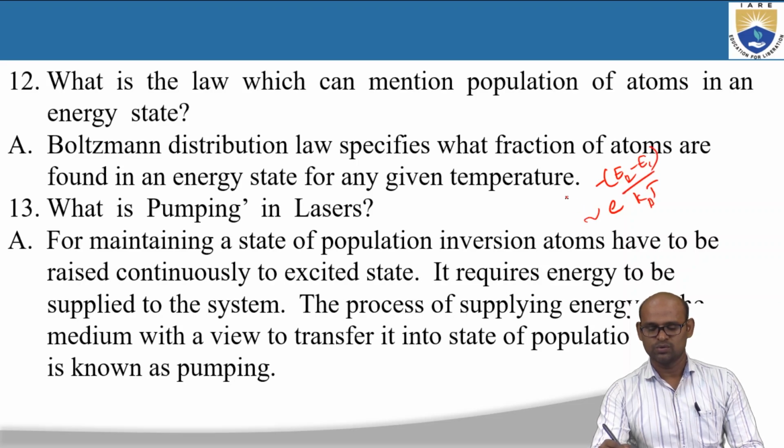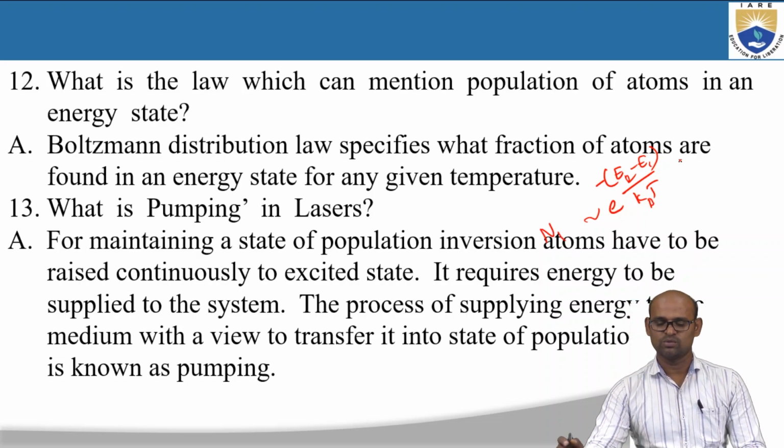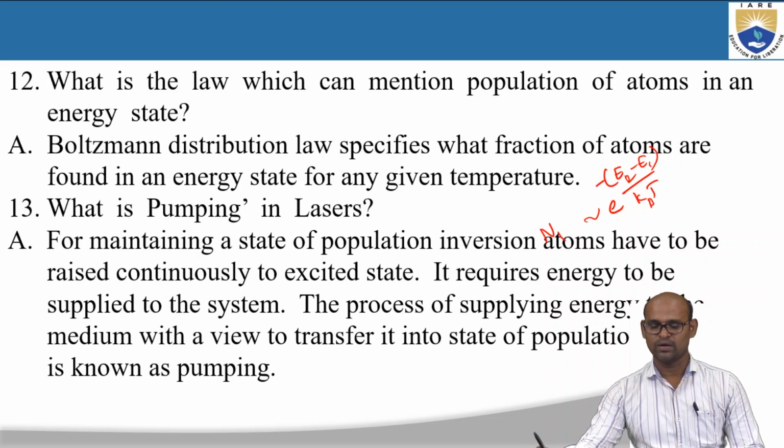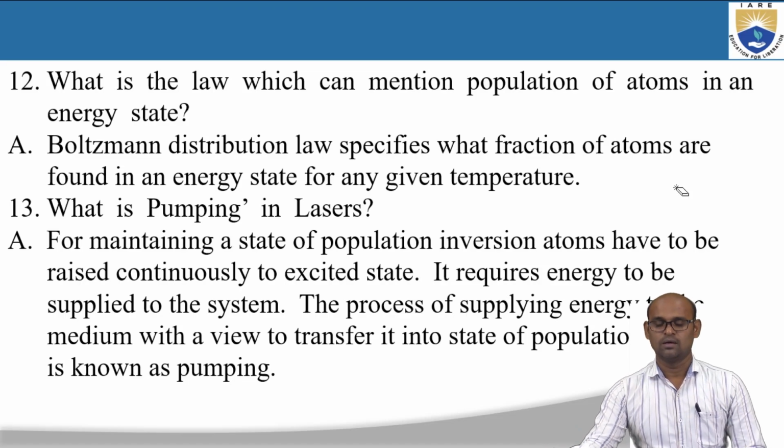This will tell you the ratio between the number of atoms in energy level E2 and in E1. So the Boltzmann distribution is the law which will tell us the number of atoms, or population, in a given energy level at a given temperature.